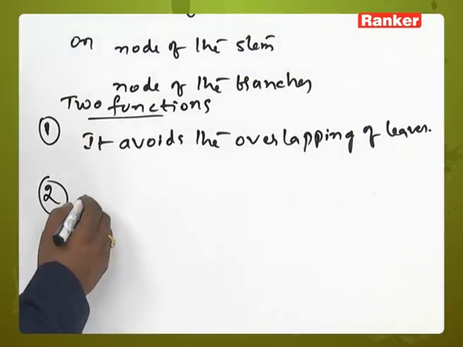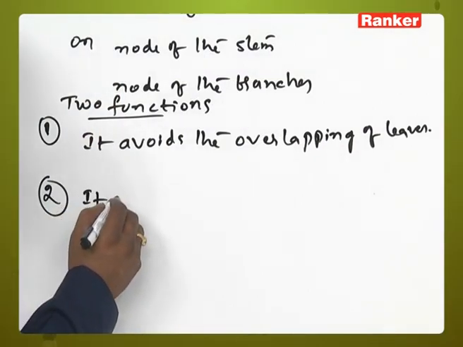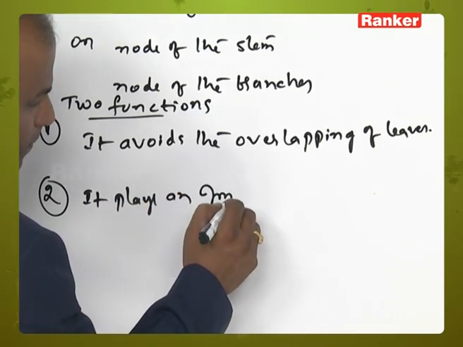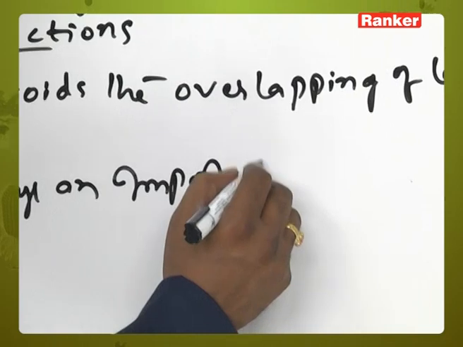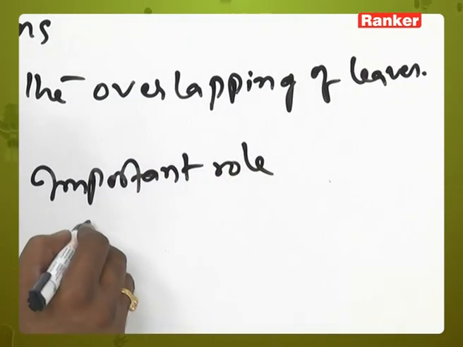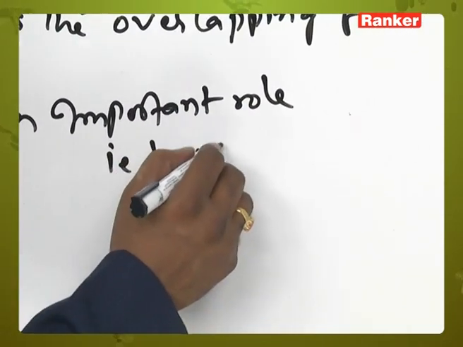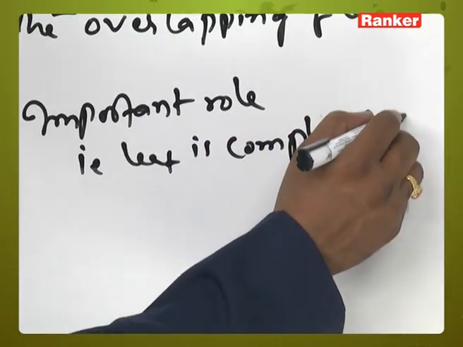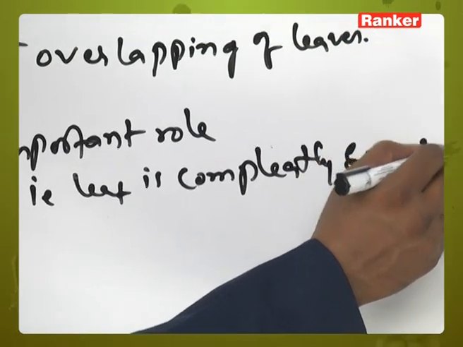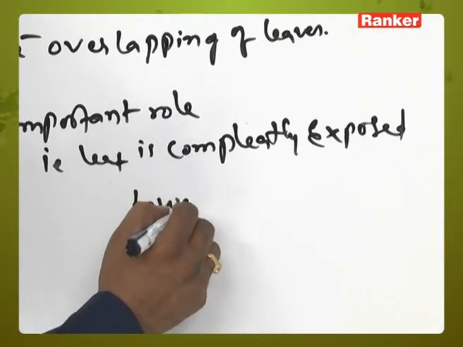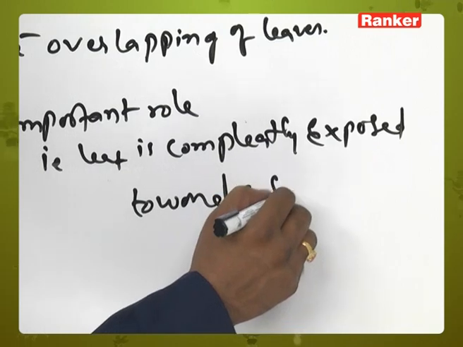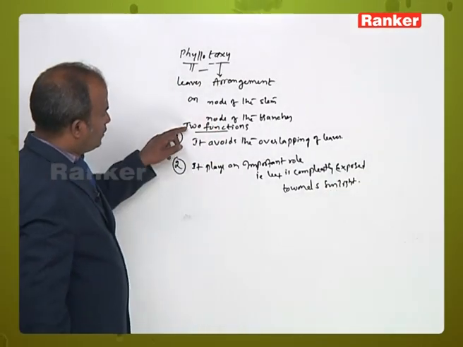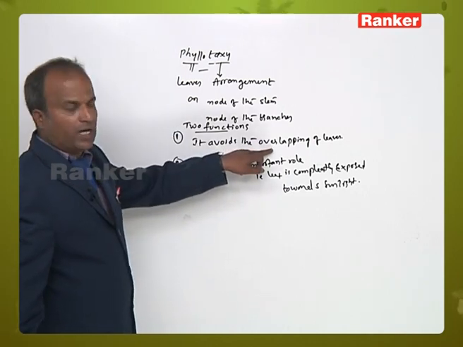What is the second function? It plays an important role. That means a leaf is completely exposed towards sunlight. In the first function, it avoids overlapping of leaves.